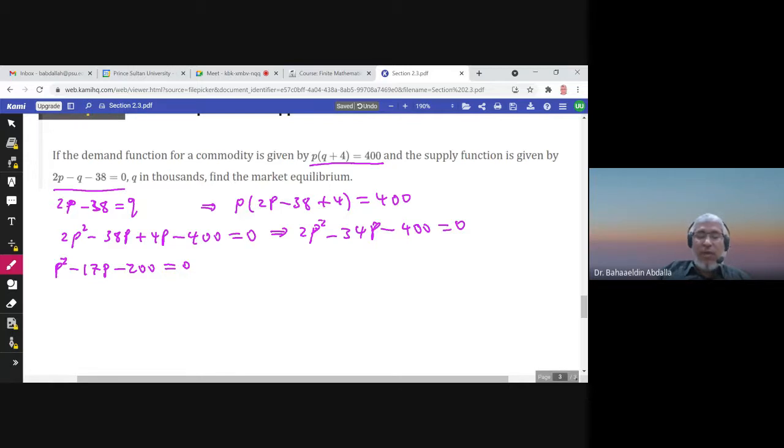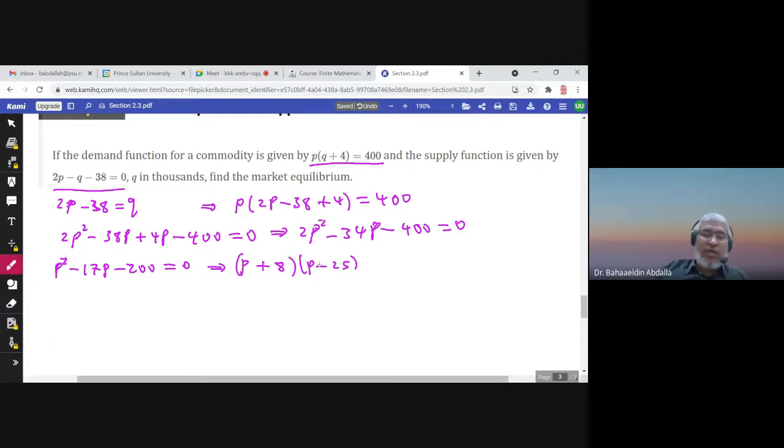If you think of two numbers where their product is negative 200 and their sum is negative 17, you will find negative 8 and positive 25, or in fact, positive 8 and negative 25.